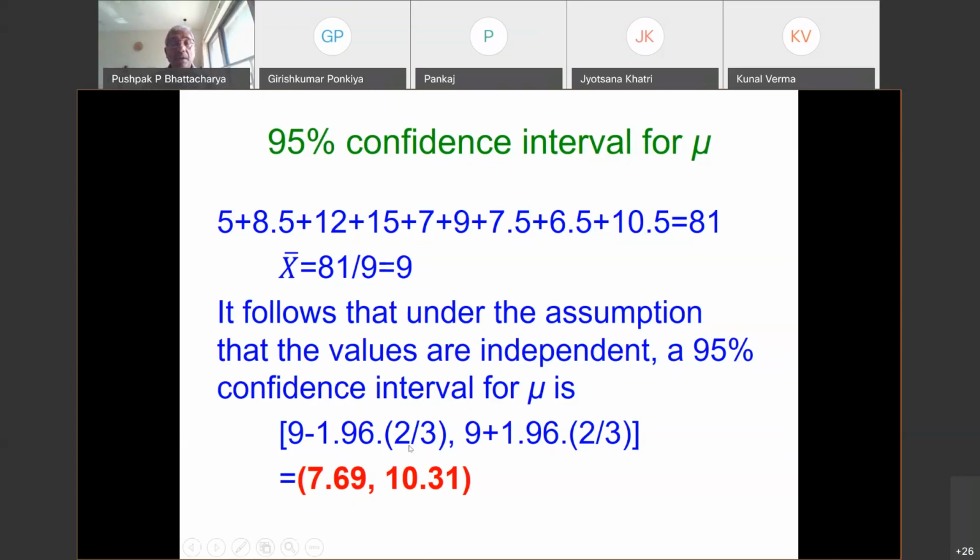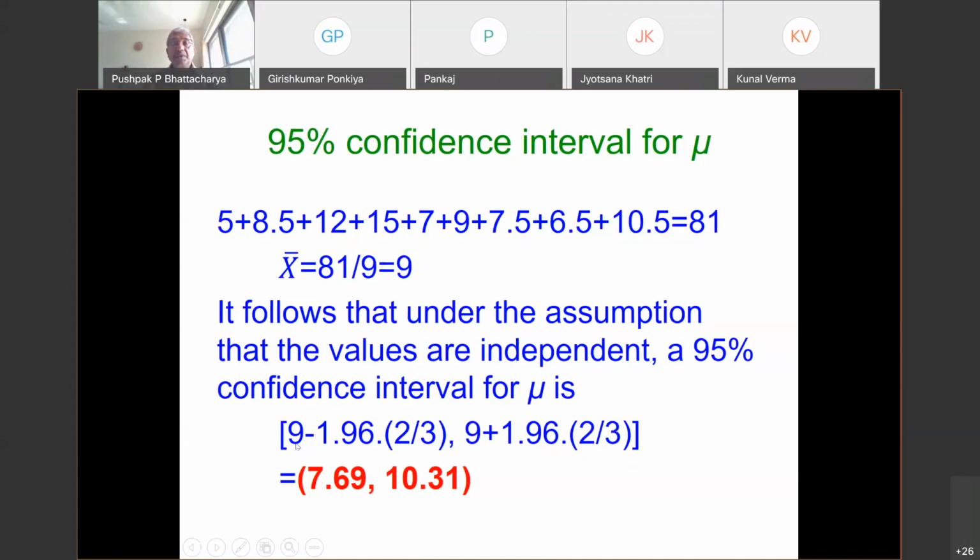Now, if the sample mean is given, then the population mean has to be between 9 minus 1.96 into 2 by 3 and 9 plus 1.96 into 2 by 3, where 2 is the standard deviation, 3 is square root of n.